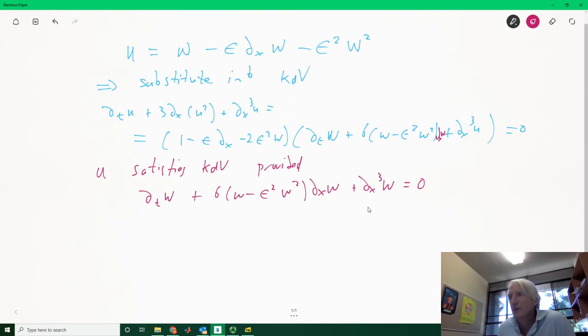So we haven't got very far here. We've got a very similar equation to the one we started out with. That was our original equation, this is our new equation. It's got this epsilon parameter.